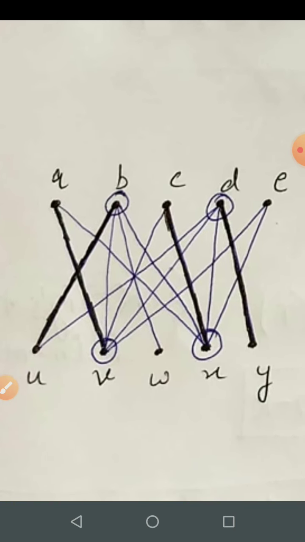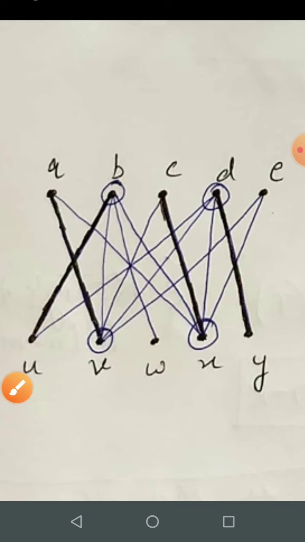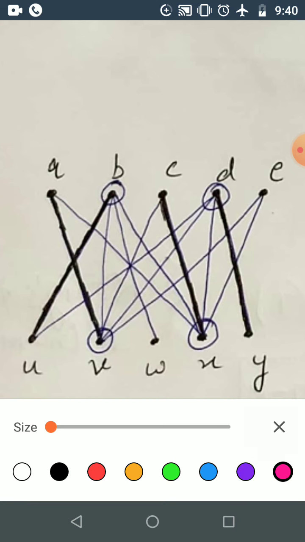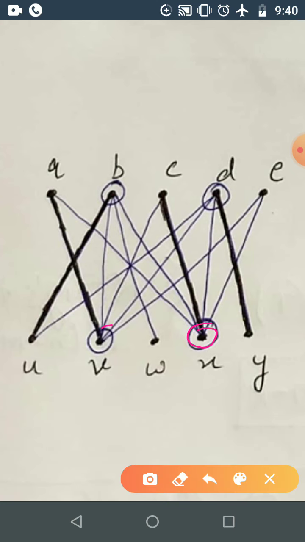So here this one X, V we have chosen, D and B. So X is covering XA, XB, XC, XD, all the edges which are incident with X, correct?